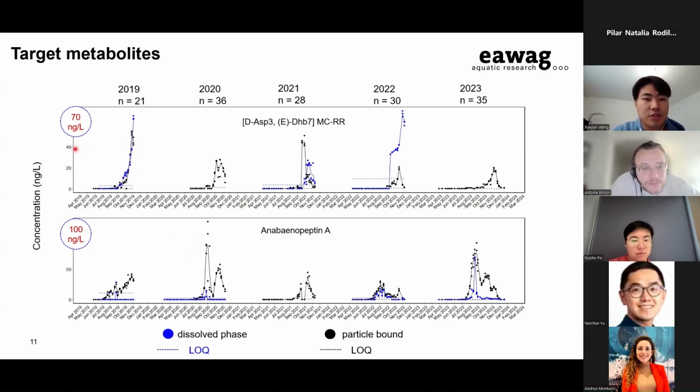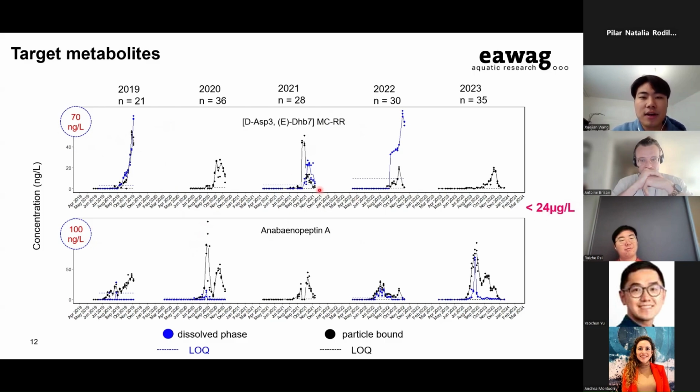The highest concentration for the variant MC-RR is around 70 nanograms per liter, and the highest concentration for anabaenopeptin A was around 100 nanograms per liter. If we remember the WHO standard for microcystin-LR in recreational water, we could see the concentration here is way below 24 micrograms per liter.